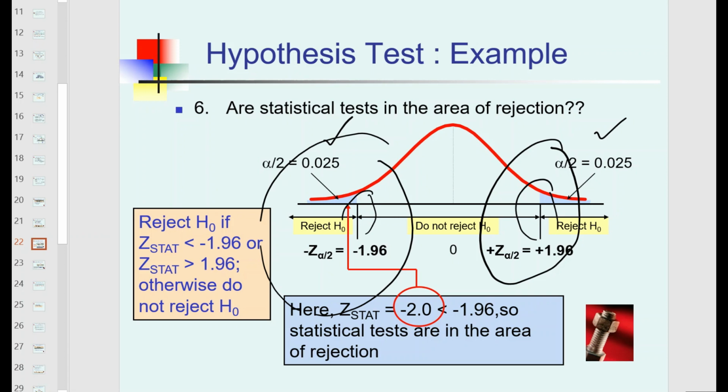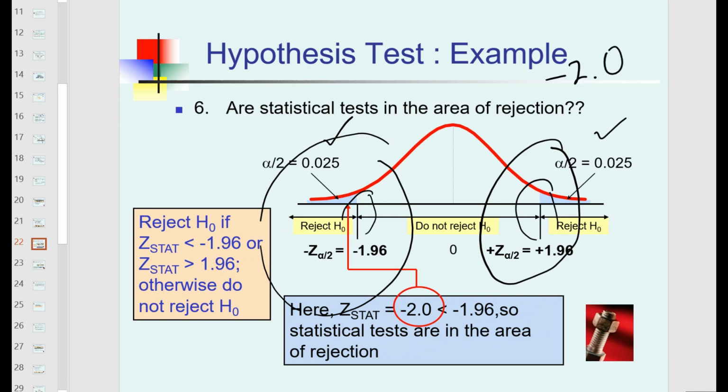Now you know your benchmark. If the value you get from calculation falls in the do not reject area, we do not reject, which means we accept H null. But if the value falls into this area on the positive side or this area on the negative side, you know what you need to decide. So we refer to the Z stat you got just now. What is it? Negative 2.0, right?